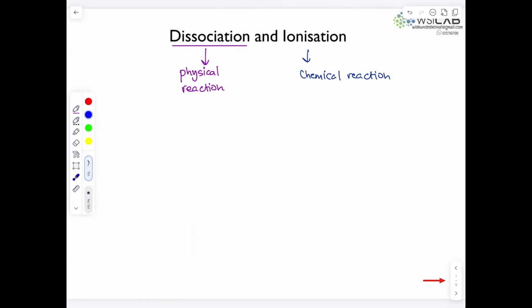dissociation reaction. And all salts, now very important, a salt consists of a metal that's bonded to a non-metal. Now, maybe you can help me here. What type of bonding is that? What is a bond between a metal and a non-metal? Do you remember? Is it covalent or ionic or metal bonding?